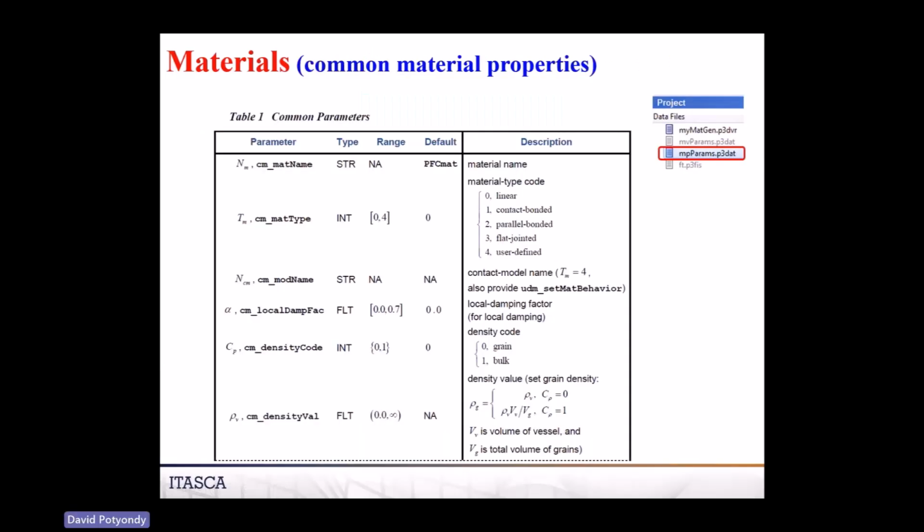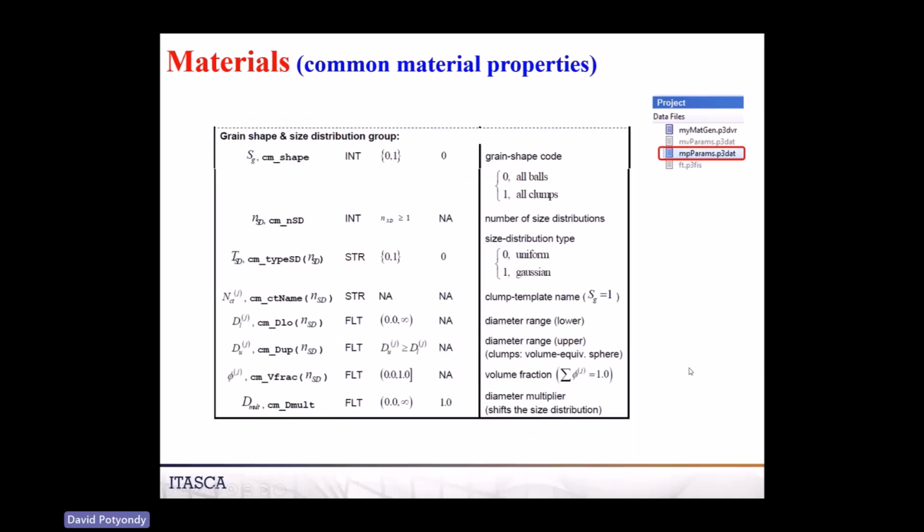Here are these parameters that are common to all the different materials. So here's where you set the type of material: contact bonded, parallel bonded, etc. This is the material name it's going to use in the windows. If you don't give one, it uses PFC mat. There's your damping factor. There's your density, stuff like that.